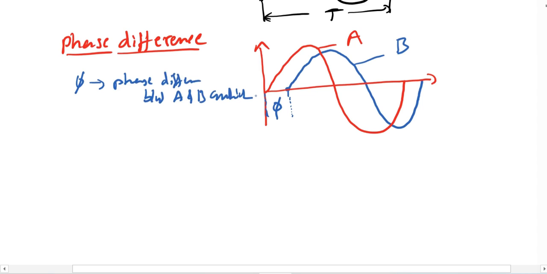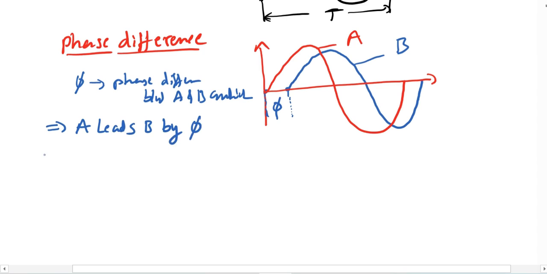But which waveform is leading and which is lagging? The first zero instant happened to the A waveform, so waveform A is leading and waveform B is in lagging condition. I can write the statement: A leads waveform B by pi angle.